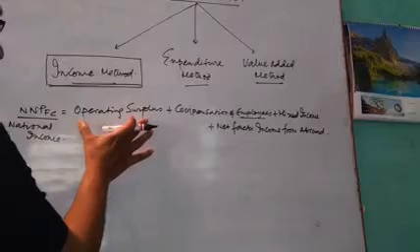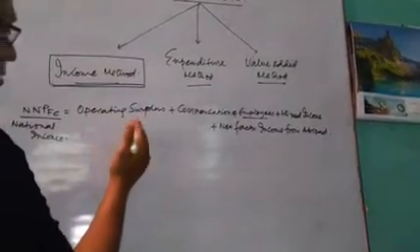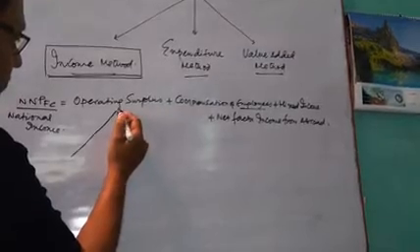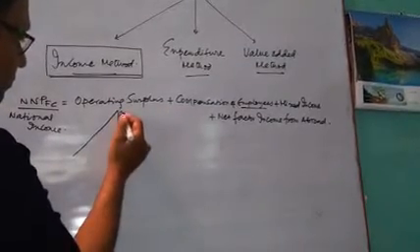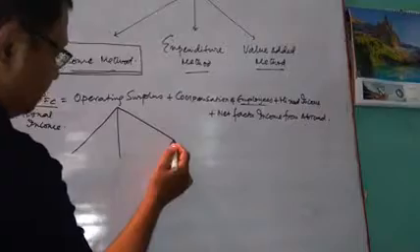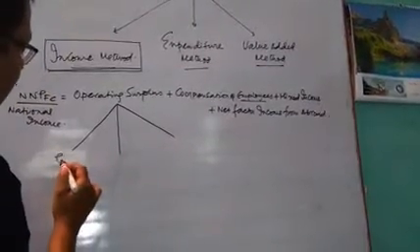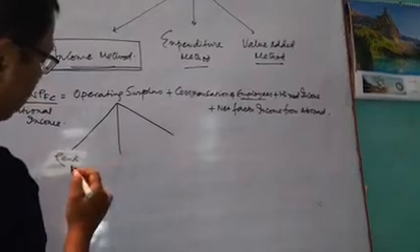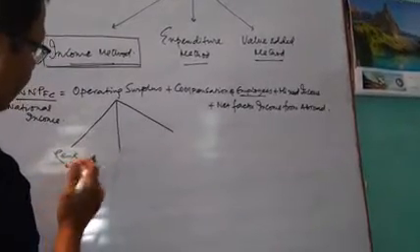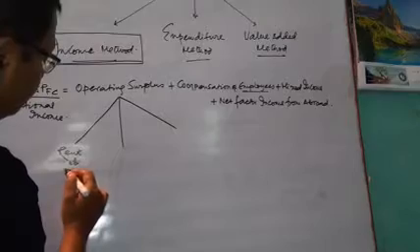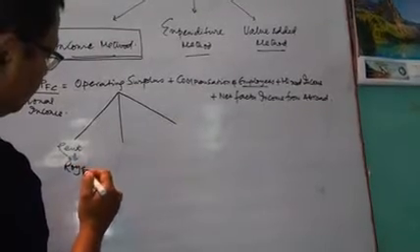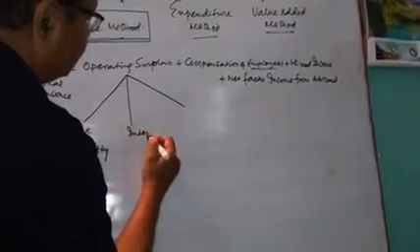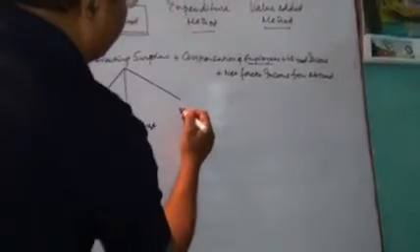Now, this operating surplus is made up of three elements: rent and royalty, interest, and profit.